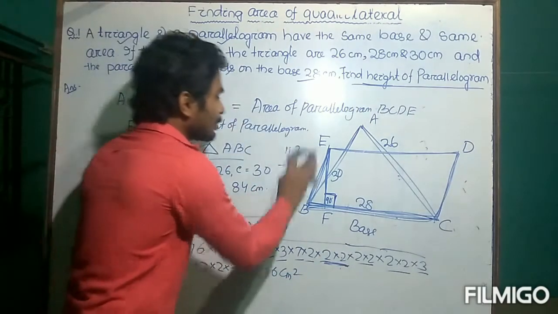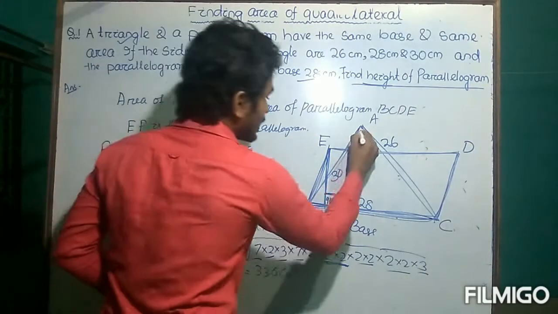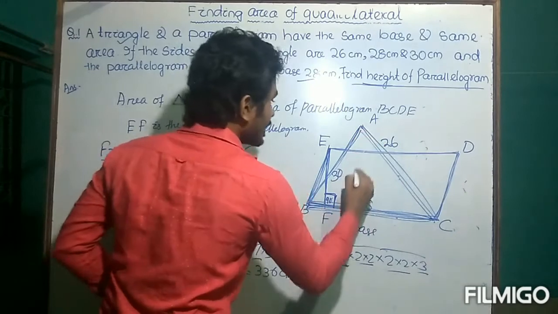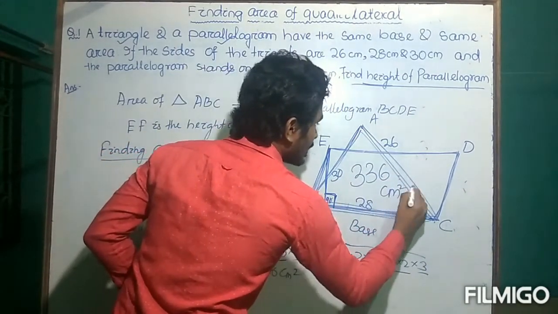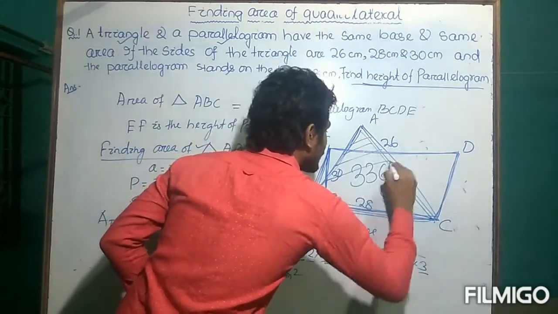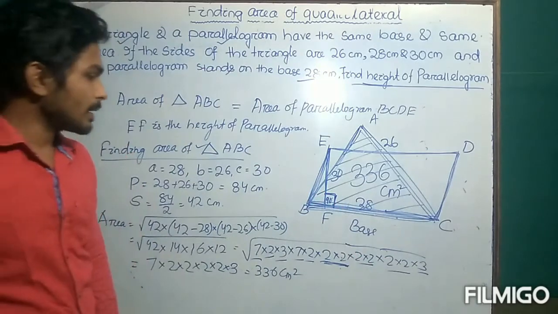So here we get that the area of the triangle ABC is 336 centimeter square.